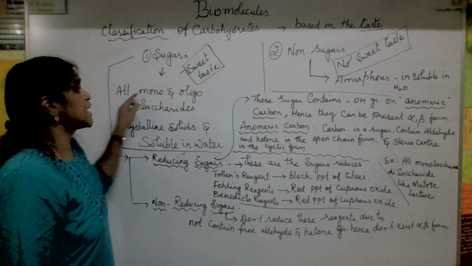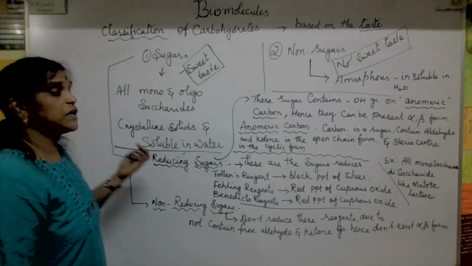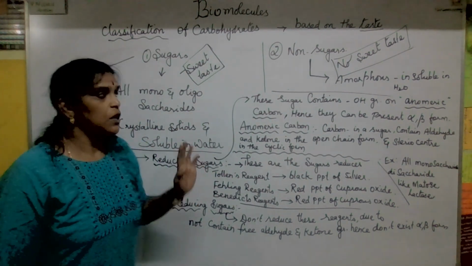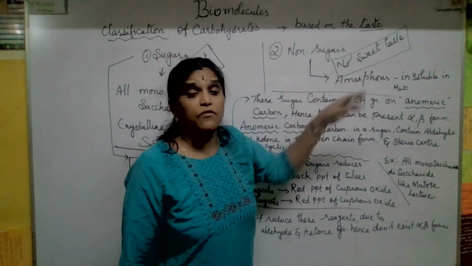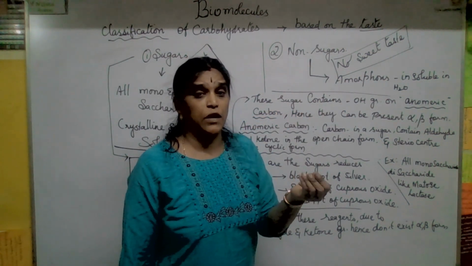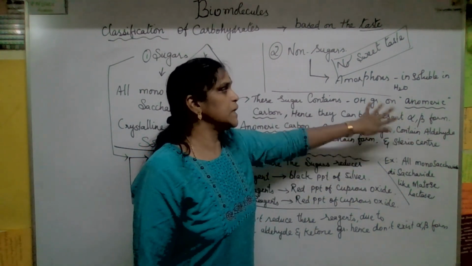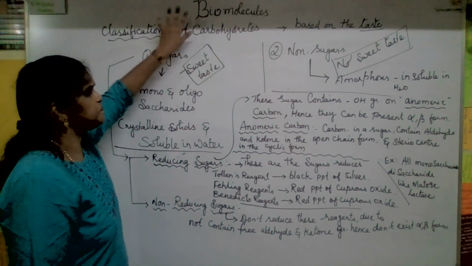Here, monosaccharides and oligosaccharides are sugars. They will be crystalline solids and soluble in water. Non-sugars have no taste. Amorphous, you know amorphous, it is a powdery form, like talcum powder. And of course, it will not be soluble in water. Okay, that's all about the classification by taste.